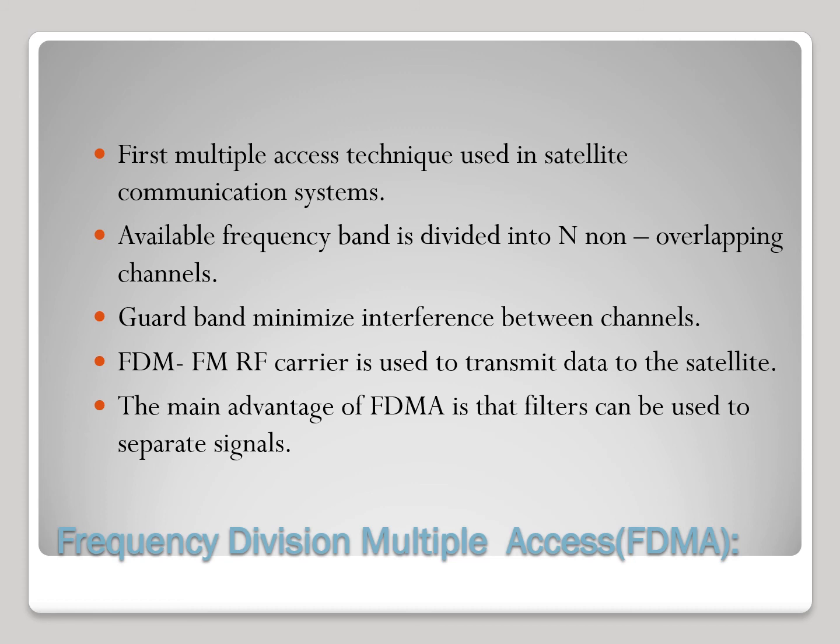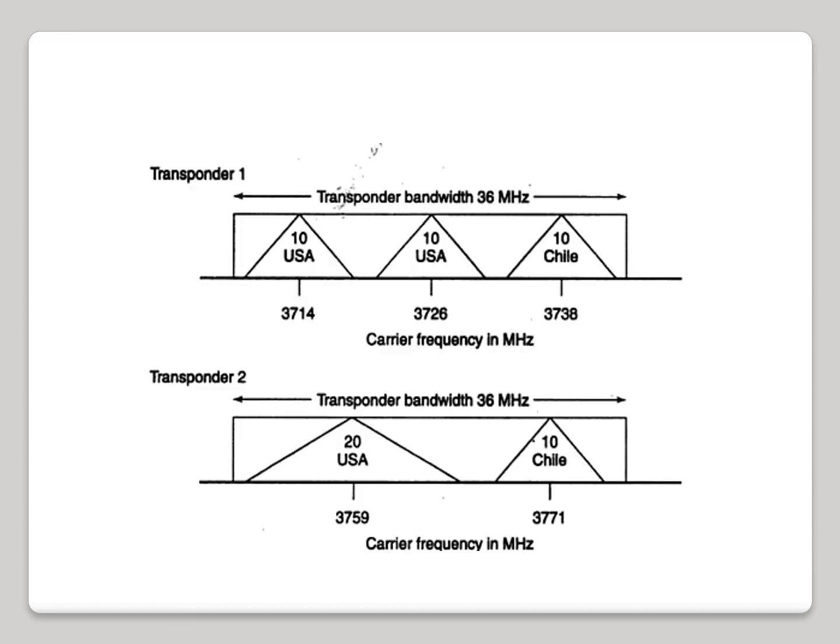So we can use different types of modulation techniques, for example FDM, FM. The main advantage of FDMA is we can use filters to separate signals. As each signal is transmitted in different frequencies, we can use different filters to separate these signals.